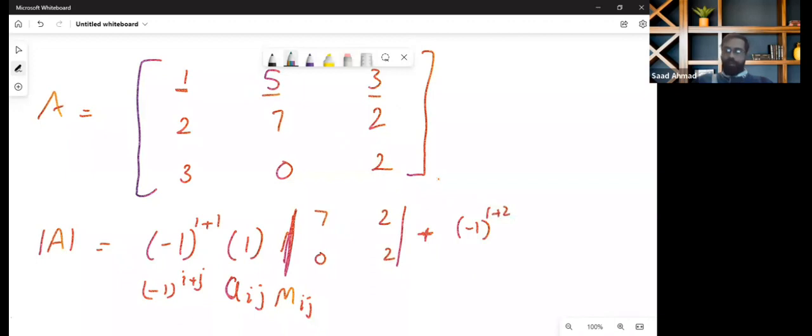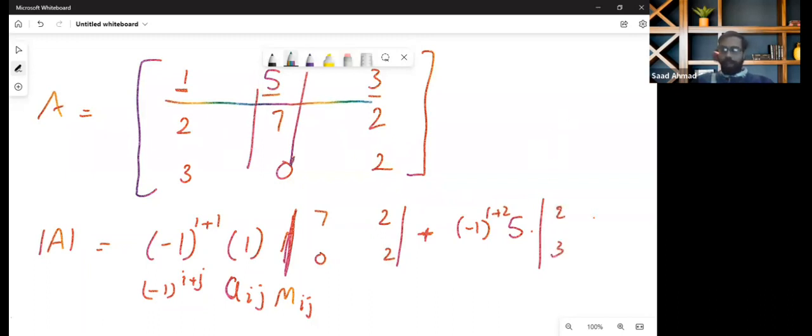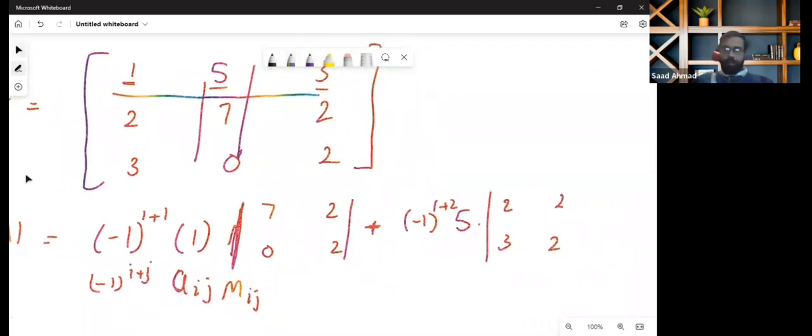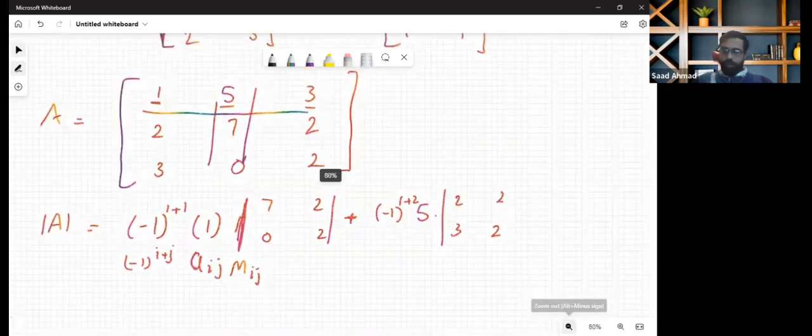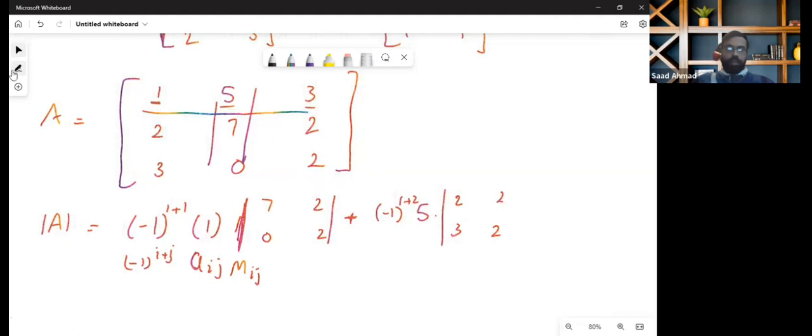The entry is 5, times, ignoring this row and this column, the leftover is 2, 3, 2, 2. Zoom out a little bit. All right, like that.